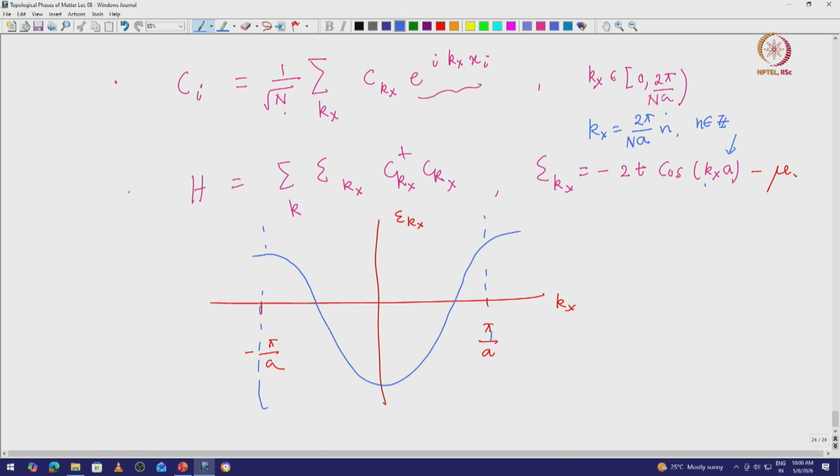All right. And this is the Fermi level. Because we subtracted the chemical potential, the Fermi level will be at 0 energy. All these states are filled.